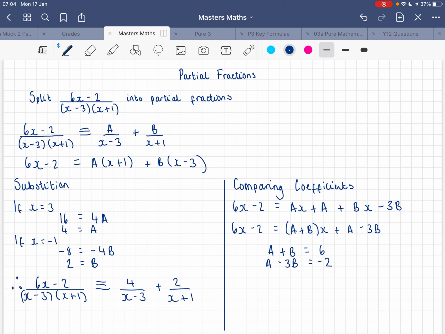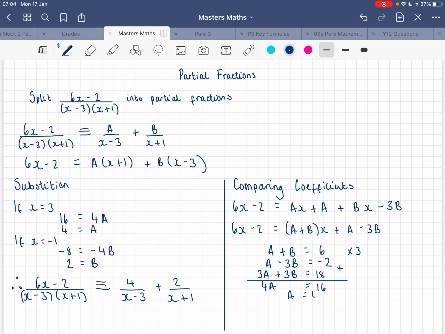So I'm going to multiply this by 3, gives me 3a plus 3b equals 18. Then I am going to add these two together to cancel out the b's, gives me 4a equals 16.